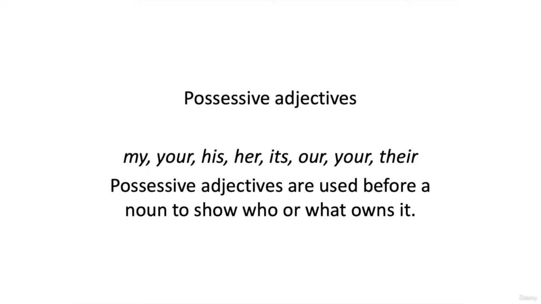Possessive adjectives are used before a noun to show who or what owns it. For example, this is my jacket. The dog is looking for its master.